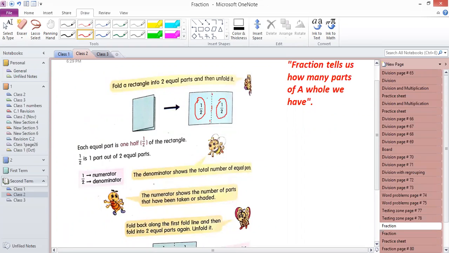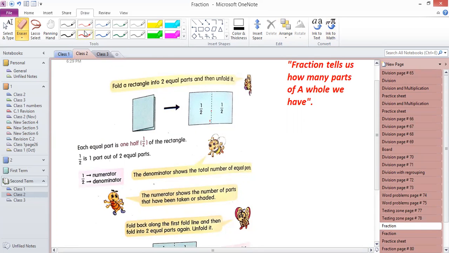So if I want to talk about this part, I will say this is half. And if I want to talk about this part, I will also say this is half. Okay. So to talk about one portion from a whole, we use fraction. In fraction, there are some important things which you should know.